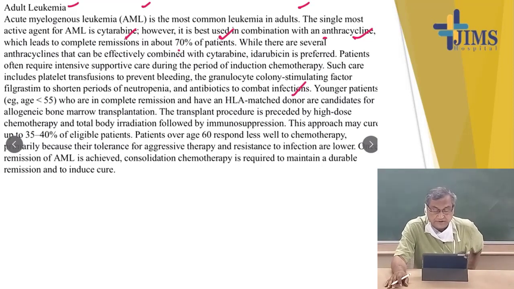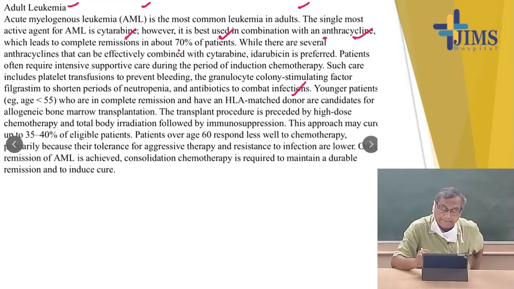The transplant procedure is preceded by high dose chemotherapy and total body irradiation, followed by immunosuppression. This approach may cure up to 35 to 40% of eligible patients, and patients over age 60 respond less well to chemotherapy, primarily because their tolerance for aggressive therapy is lower and resistance is higher.